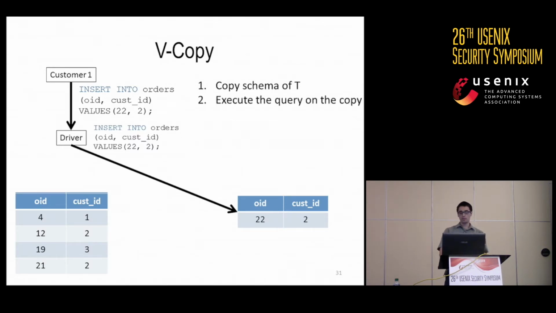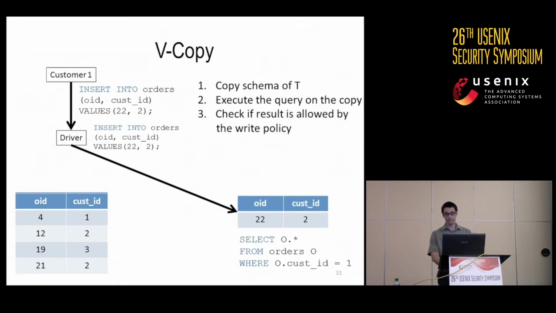We then perform the query on this temporary table, and then check with the write policy whether the results of this query are contained within the write policy. In this case, they are not. And so the fact that there was a change based on this policy definition means that the query isn't safe. And so to get safe behavior, what we do is we execute a null query. So we don't make any changes to the database.